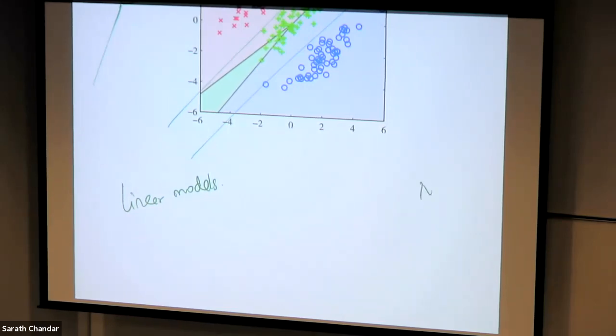At the other end, we have nonlinear models. But in next week's lecture, we will go one step towards nonlinear models. We're going to discuss what I'm going to call generalized linear models.